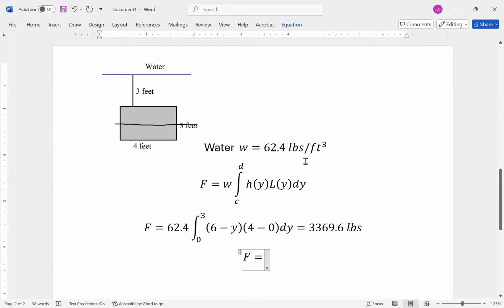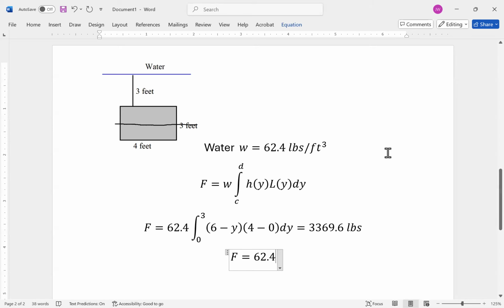Think about what the fluid force on that horizontally oriented object would be. The pressure would be weight density, 62.4 pounds, multiplied times the depth. Now, again, we're taking and rotating it around this line of symmetry. So that is a depth of 3 plus 1.5.